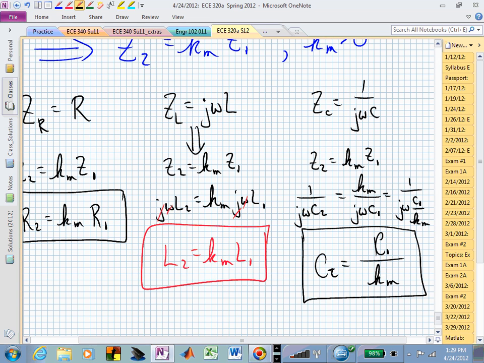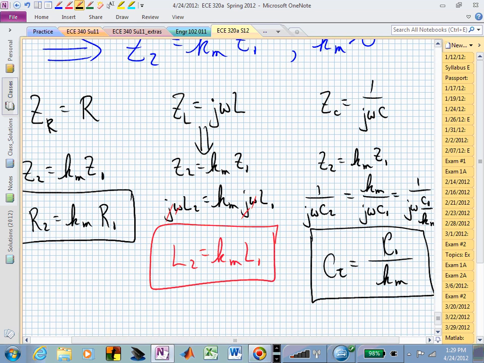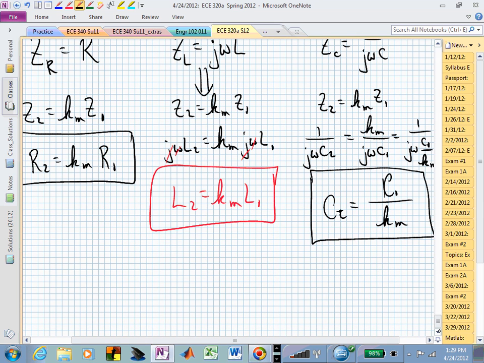That's now the magnitude scaling of our 3 circuit element parameters: resistors, inductors, and capacitors. That's how they scale in terms of magnitude.